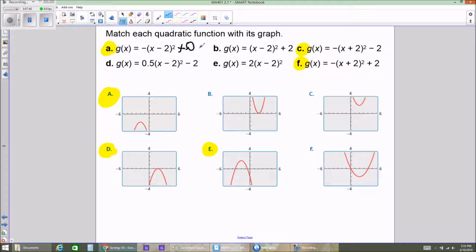So notice over here you had moving down, and over on E, you had moving up from the origin, but here you stayed on the x-axis and all you did was move 2 to the right. So I'm going to say that D is A.